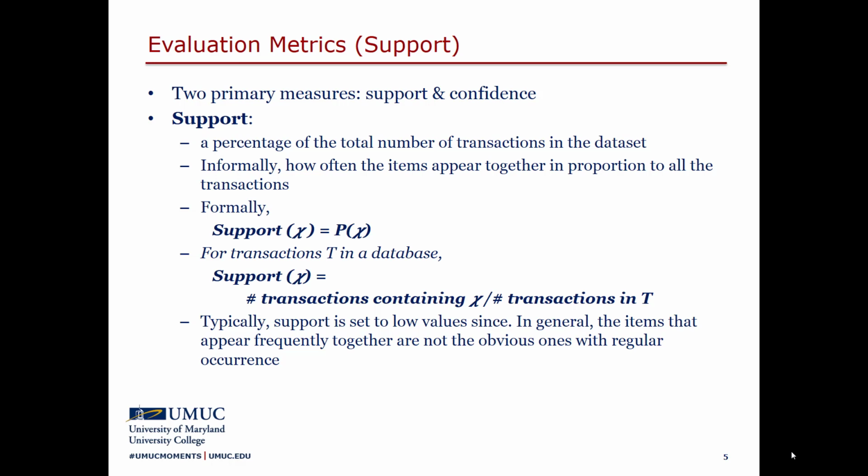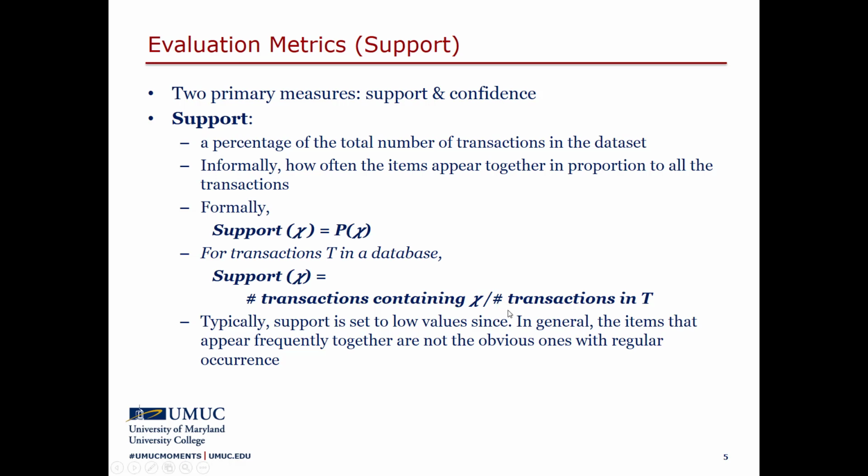It is a probability value, the probability of the items occurring in the transaction database. The way you calculate that, formally, is that the support of an item set is the number of transactions containing those items being considered, divided by the total transactions in the database.